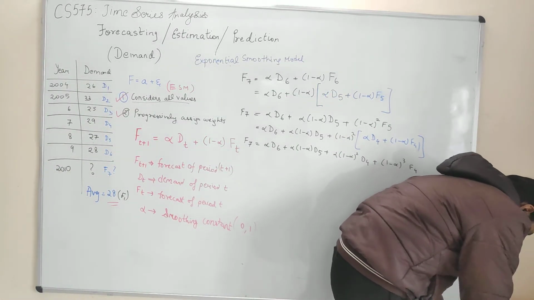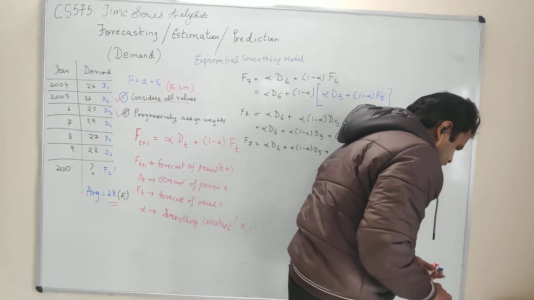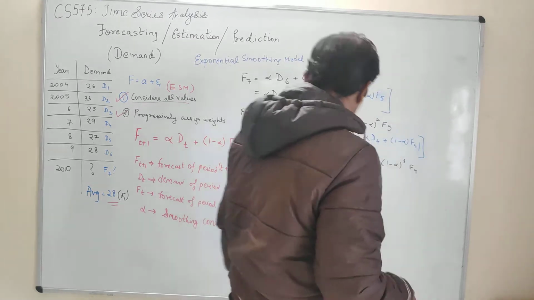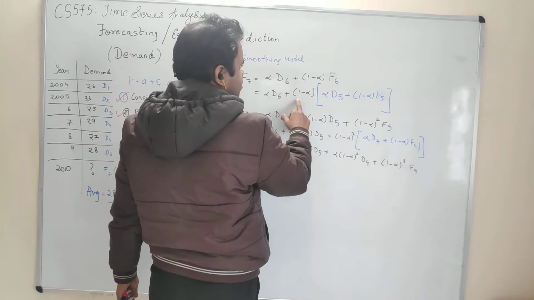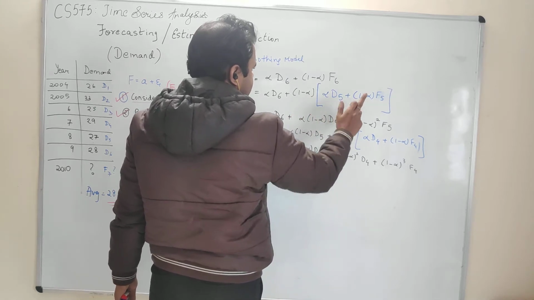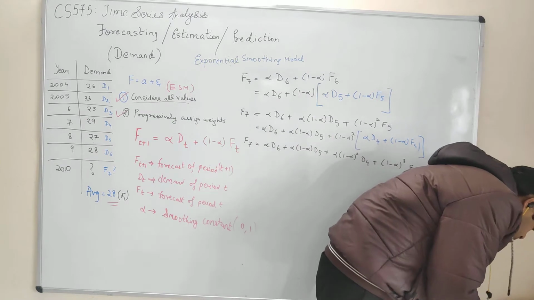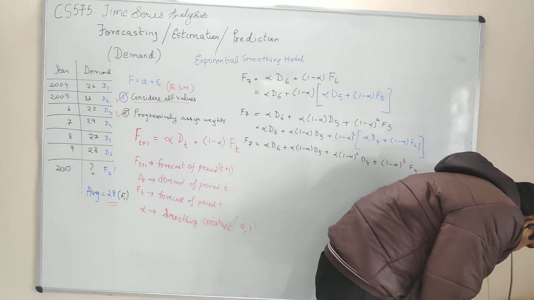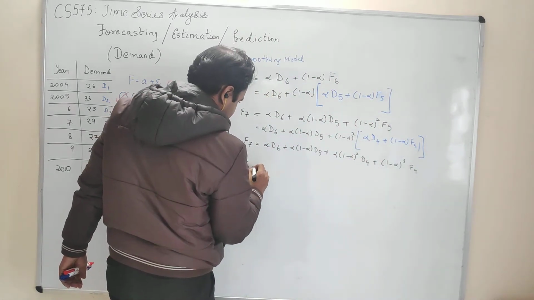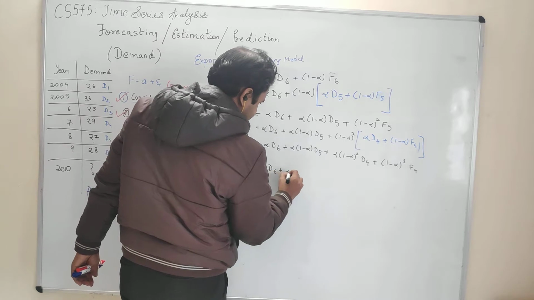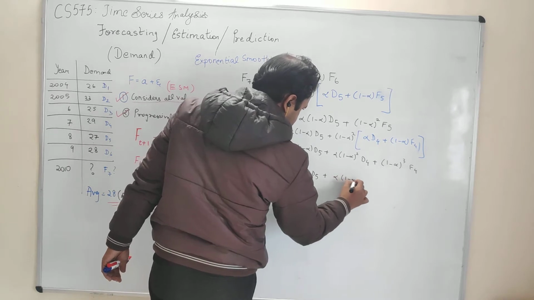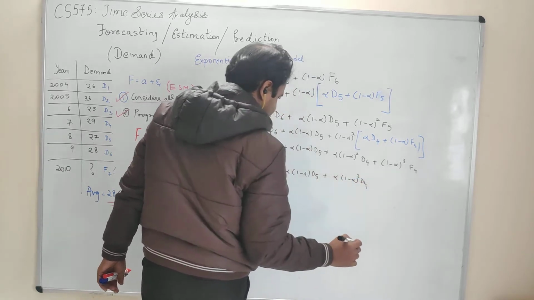Similarly, on similar expansion, this expression will give me in the end a figure like this. Alpha is this, so alpha into (1 minus alpha) is this. So F7 eventually will come out as alpha d6, then (1 minus alpha) gets to d5.